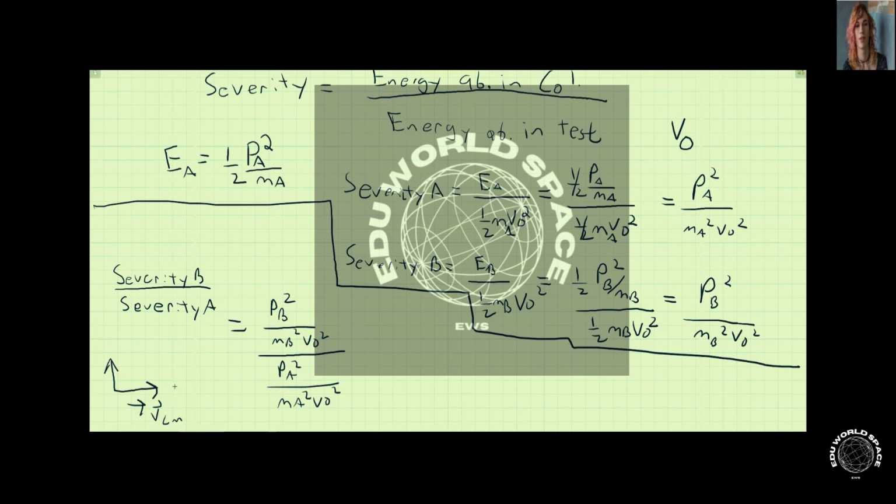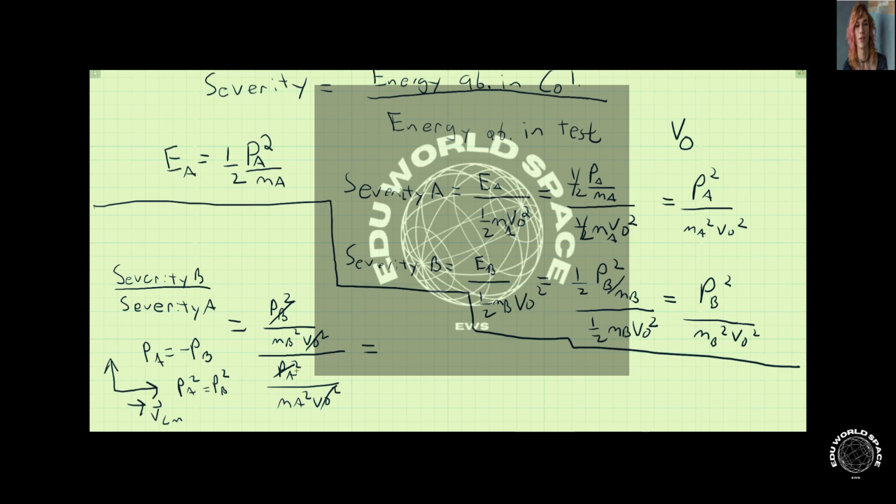That must mean that the total momentum is zero in this reference frame, and that the momenta must have been equal and opposite prior to the impact. Of course, what does that mean? That means P_A squared is equal to P_B squared, and that means this cancels with this. And of course, the v naughts are the same as well, so those cancel with each other.